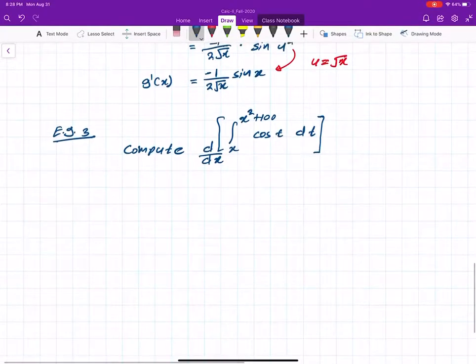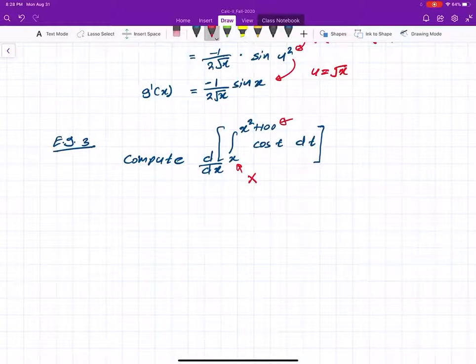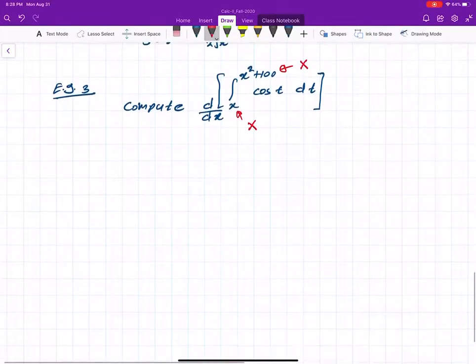All right, so the same thing, you have to check upper and lower bounds. The lower bound is not a constant and the upper bound is not x. Both bounds should be rearranged. Both bounds are not working. So let's see how to work on this problem.